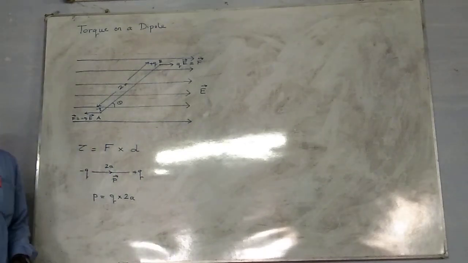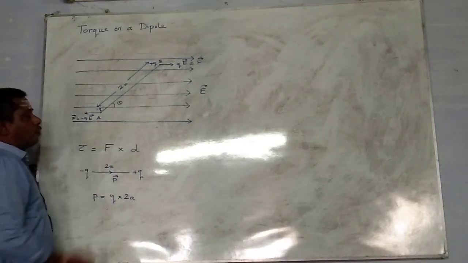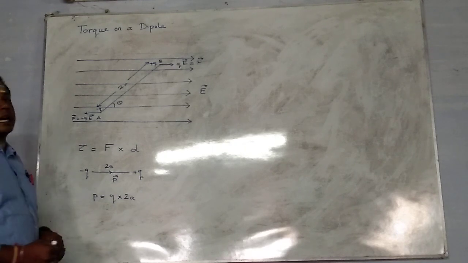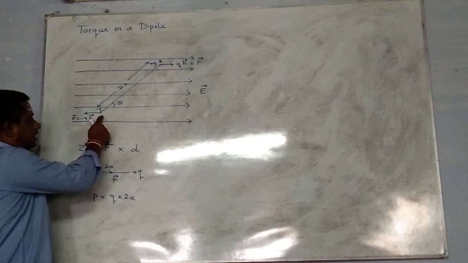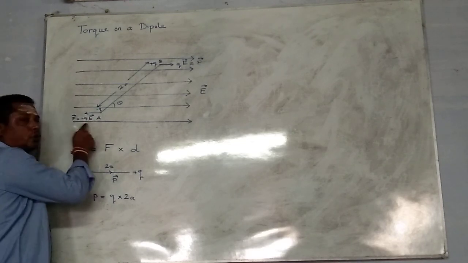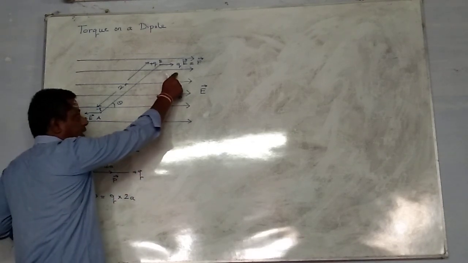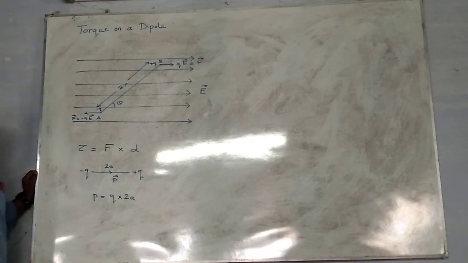These two forces are equal in magnitude. Minus Q charge experiences a force of magnitude Q into E, and plus Q charge experiences a force of magnitude E into Q. That means the two charges experience the same magnitude of force.